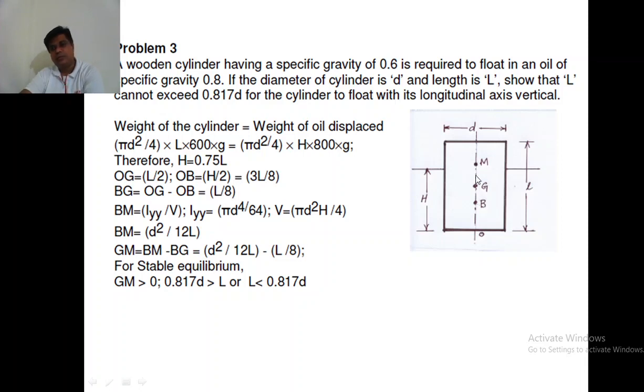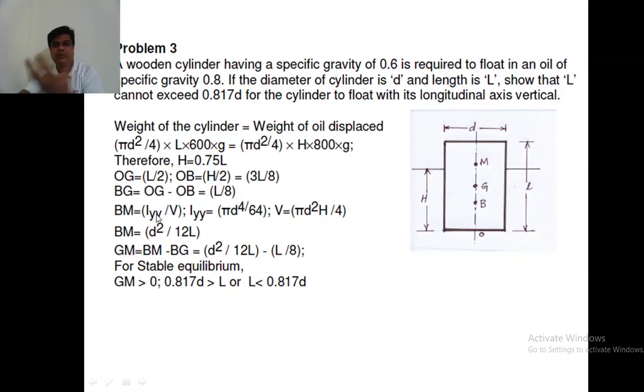And coming to BM, we have to again put the analytical equation here. So BM is the moment of inertia with respect to the y-axis. On top it is a circle, so with respect to the y-axis we take the moment of inertia and the volume of that immersed body.